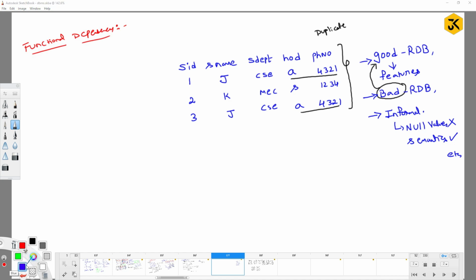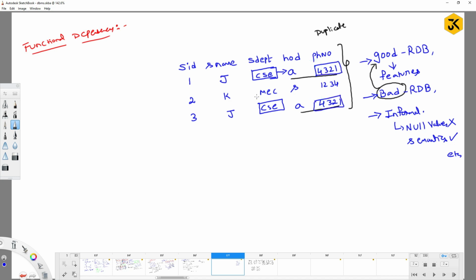Guys, here what do we mean by functional dependency? See, if you observe this particular schema, if I give the student department, like the department name, can you define the HOD name? Because HOD is the same for the same department. If I say for the CS department, HOD is the same. For the same department, phone number is the same or not? Yes.